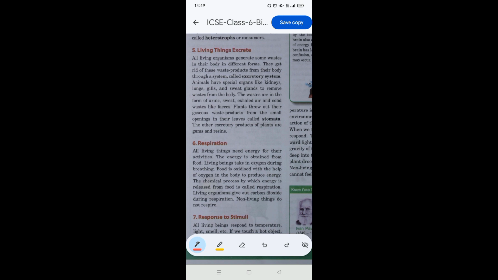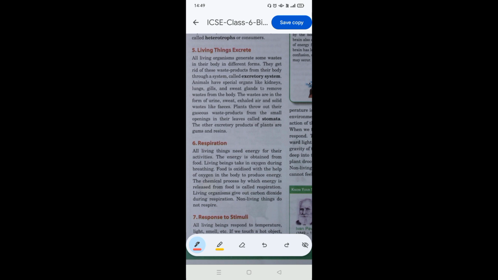The wastes are in the form of urine, sweat, exhaled air, and solid waste like feces. Plants throw out their gaseous waste products from the small openings in their leaves called stomata. The other excretory products of plants are gums and resins.